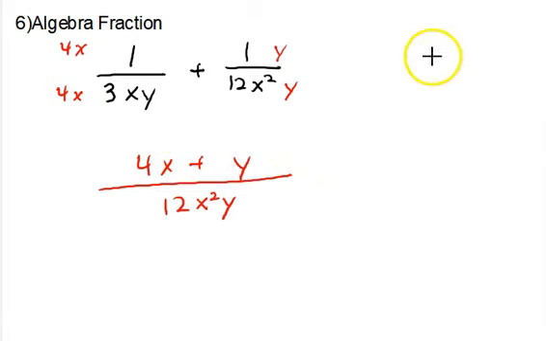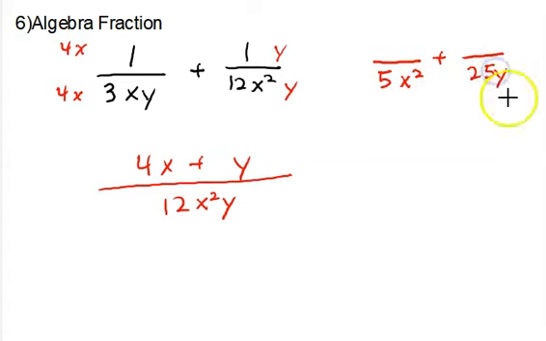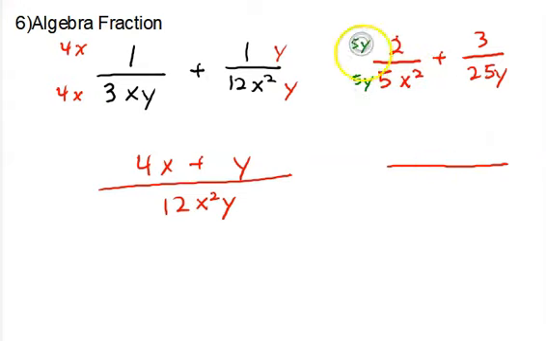Okay, so I'm going to give you another example here. Now you have 5x square, and here we have 25y. So let's say I just make a number here, 2 and 3. Okay, so at this part, we are going to multiply 5 and y to make it equal to 25, and here we have y, and here we don't have y.